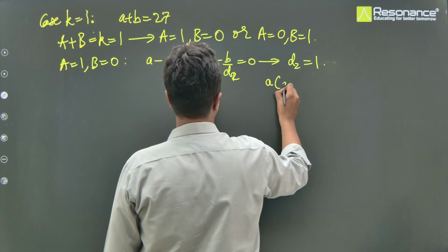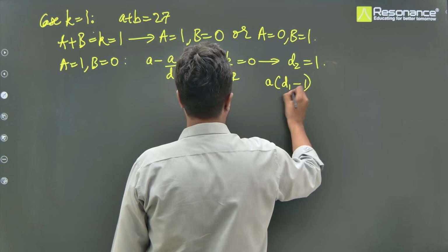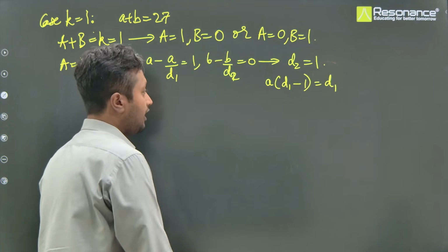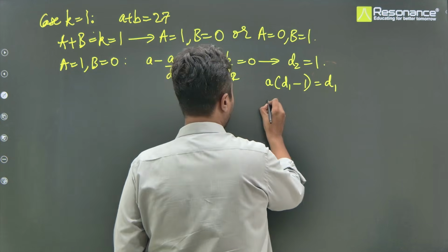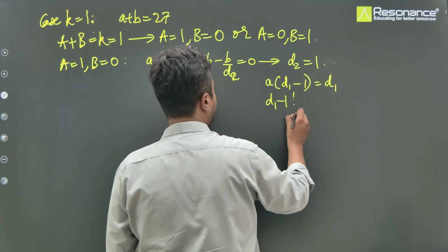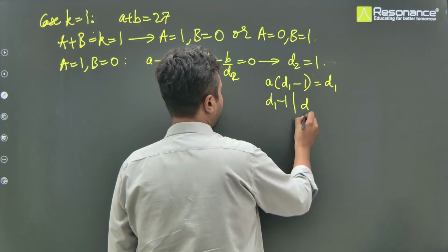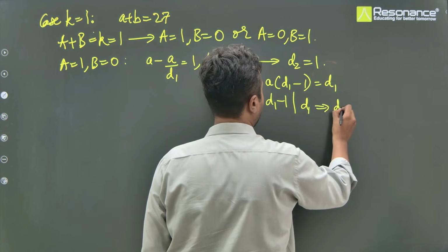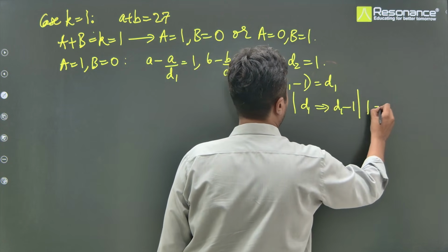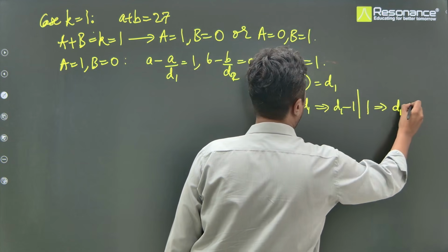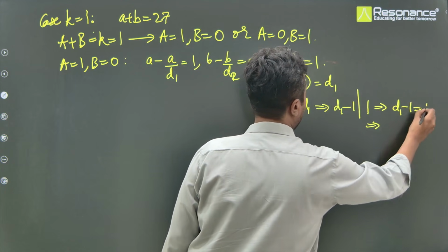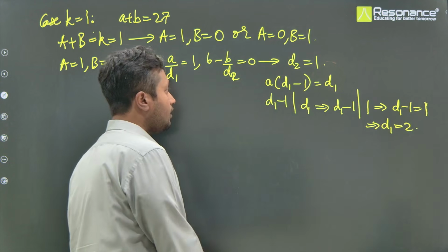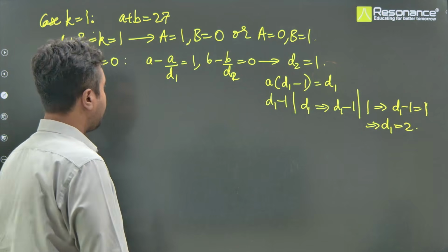All you've got to do is, d1 minus 1 divides d1. But it's co-prime to d1, which means it divides 1. That means it has to be equal to 1, which means d1 has to be equal to 2. So d1 and d2 we could work out from here.